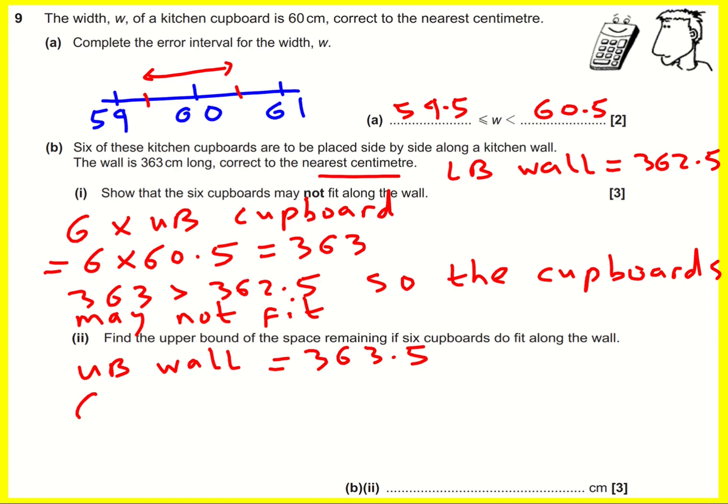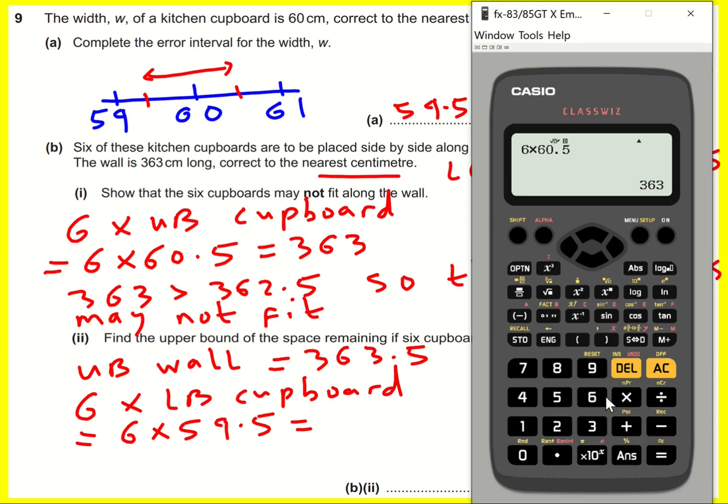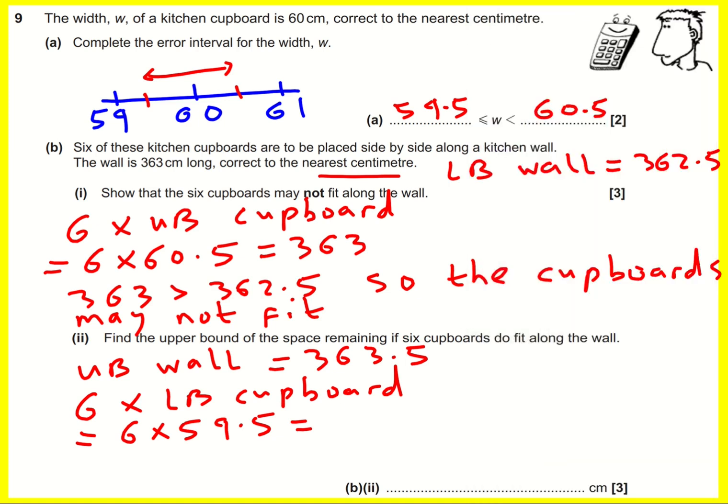And now we're going to use 6 times the lower bound of the cupboards, which is 6 times 59.5, 357.